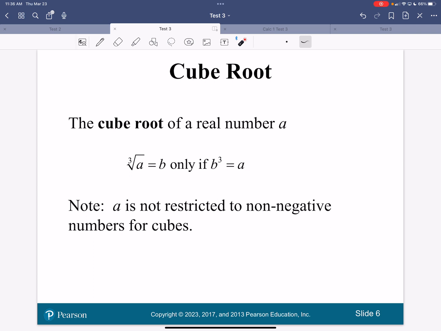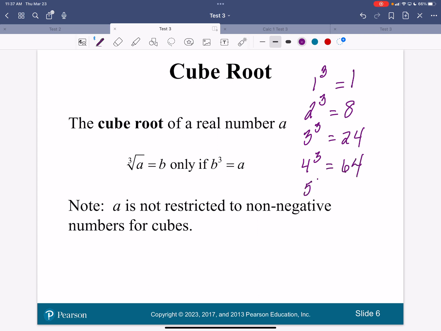They go up really fast. If I've got 1 cubed, what's 1 cubed? 1. What's 2 cubed? 3 cubed? 4 cubed? 5 cubed? Yeah.